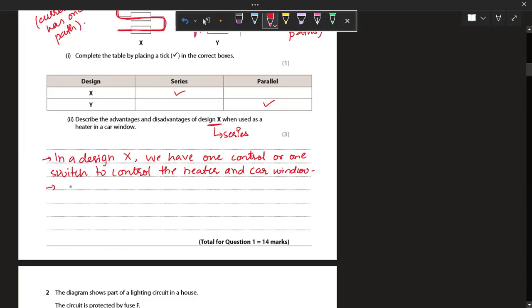Number one. Number two is less wires will be needed. Less number of wires will be needed. Do you agree with this? So this is going to be your advantage.